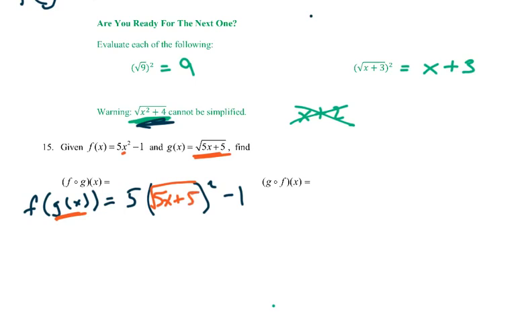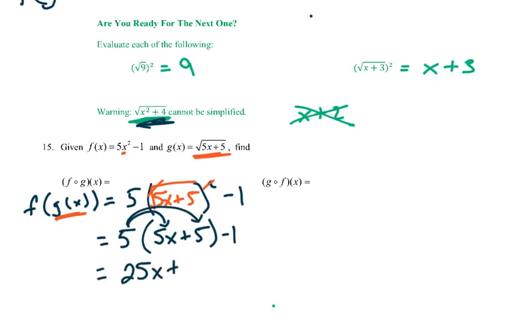But now I have a square root being squared, so that cancels the square root out, leaving us with 5 times 5x plus 5 minus 1. When we distribute the 5 on the outside to both terms on the inside, we get 25x plus 25 minus 1. So that's 25x plus 24, because 25 minus 1 is 24. So that is my composing of f of g of x.